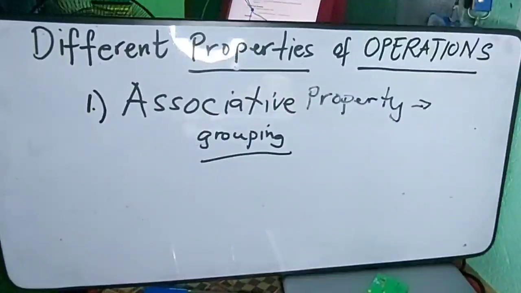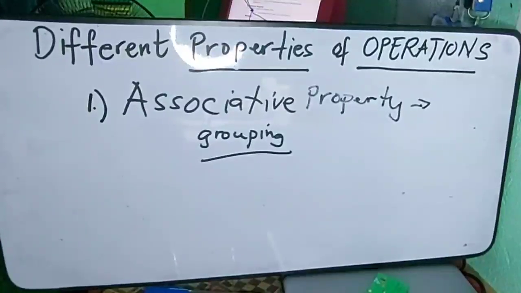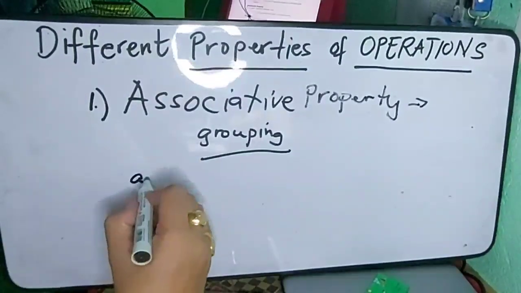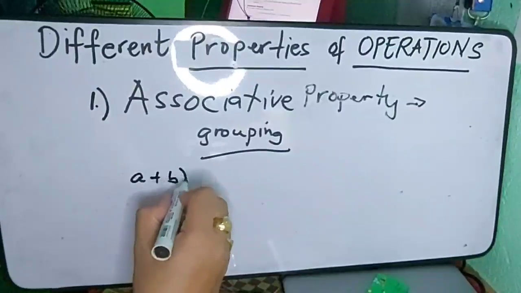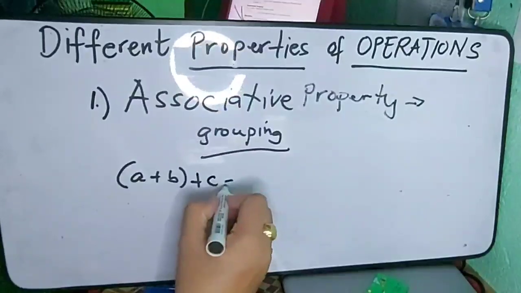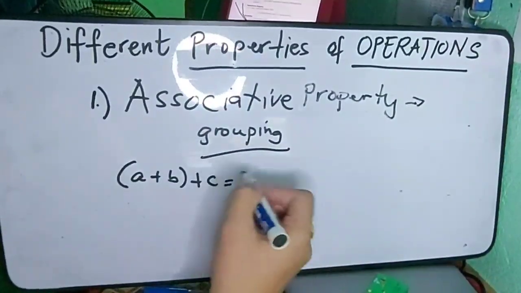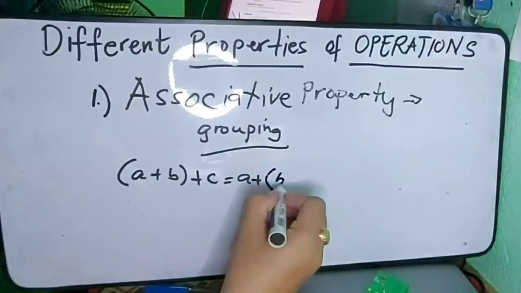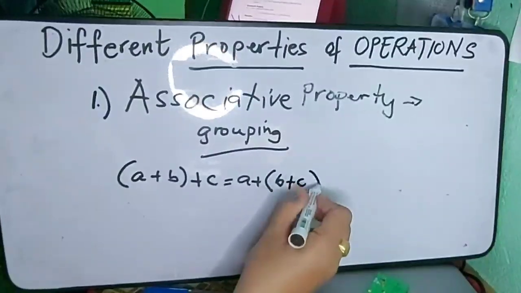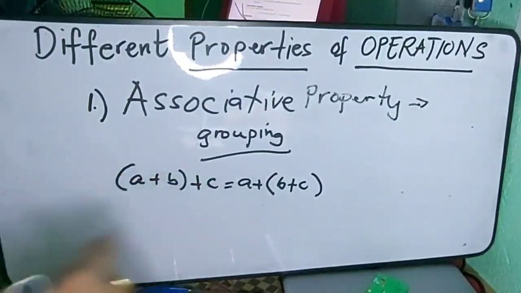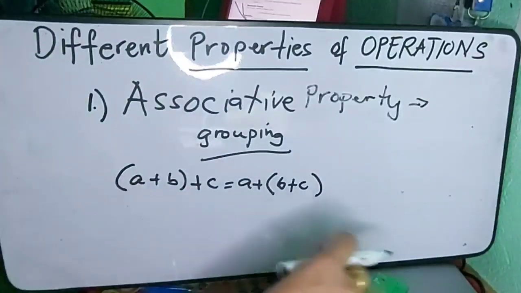For example, we let A, B, and C represent integers. A plus B, grouped, plus C is equal to regrouping: A plus the quantity of B plus C. We regroup the integers, and if you perform that, it will give us the same result.